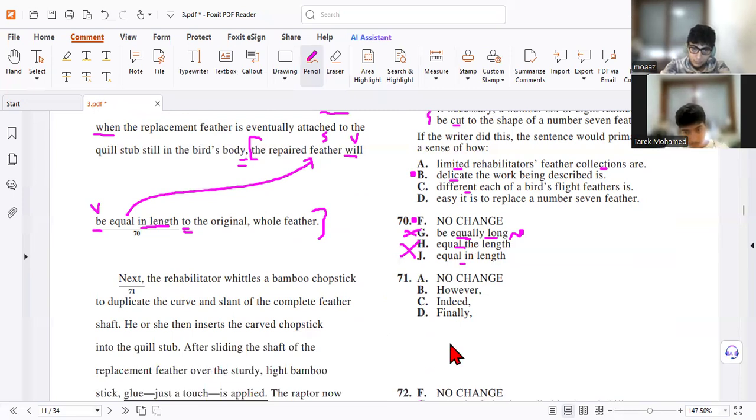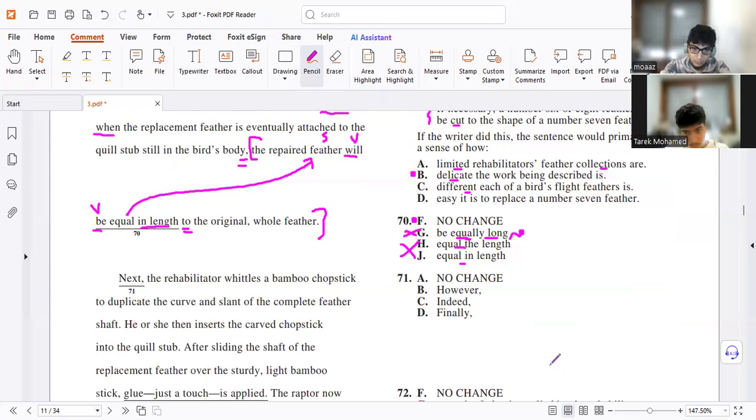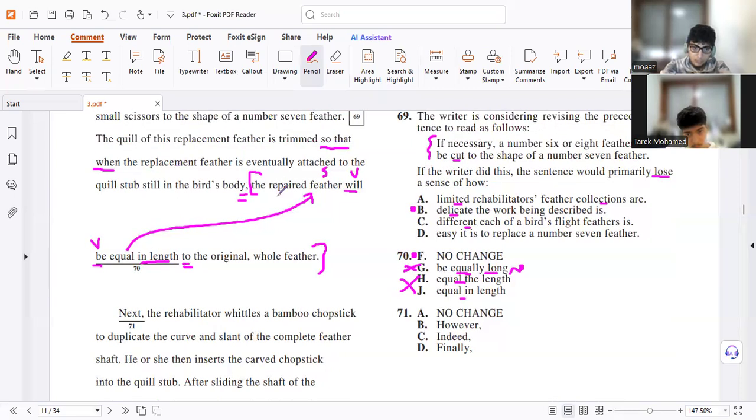B. Letter B. No. What is the contrast between the previous and following?